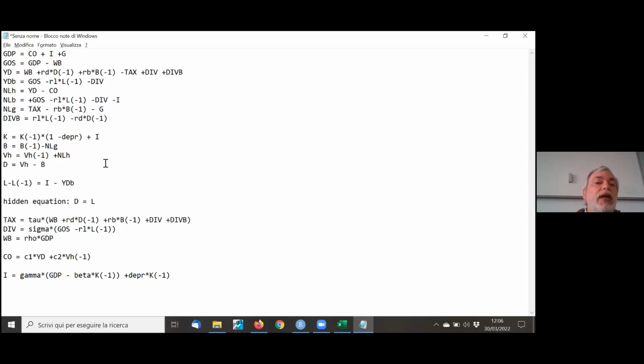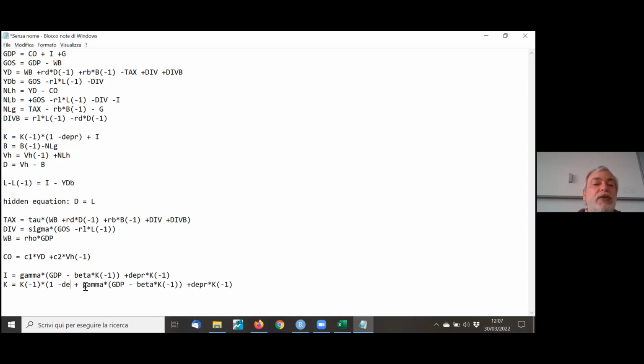No, actually what will happen is that when we substitute this equation into here, this part will disappear. And you have that net capital increases by this amount. So let me do the algebra. If we take this equation and substitute this one in here, this part is equal to this dpr times k minus 1.